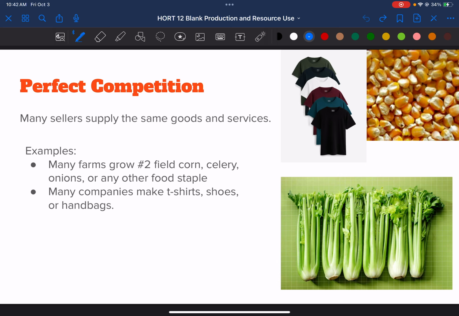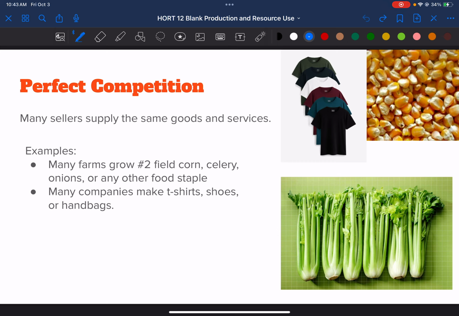There are lots of brands that produce t-shirts, and sure, there's some differences between them, but for the most part, a t-shirt is a t-shirt, and consumers will say, I'm not going to buy that $50 t-shirt because there's a $20 t-shirt available. So sellers have to compete with one another for that consumer's dollar. In perfect competition, the seller does not get to just decide what price they want to charge. They have to take whatever price they are given by the market.